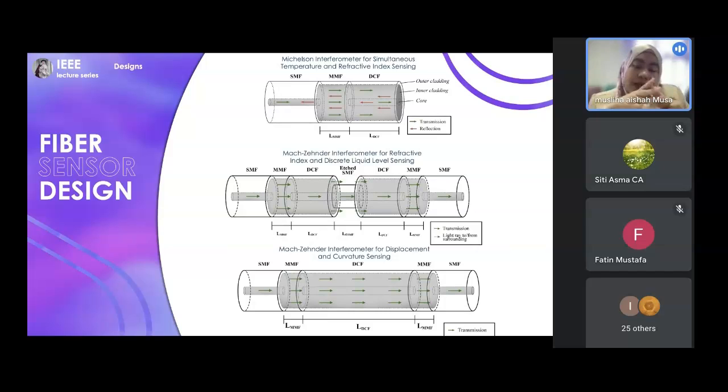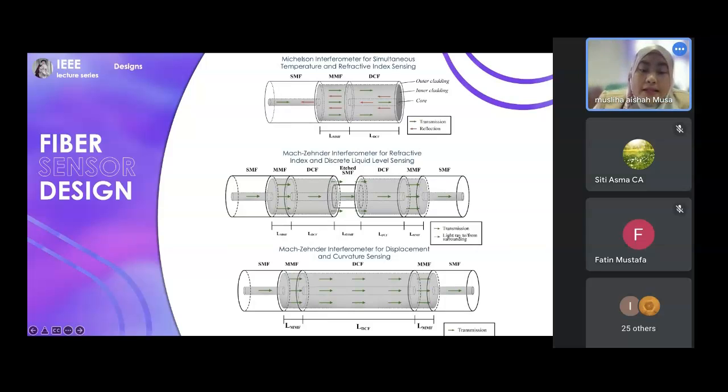These three types provide me a multi-parameter sensor, which I do for temperature, refractive index, discrete water level, and also displacement and curvature. As you can see, I play around with the length and also the structure of the fiber optic.